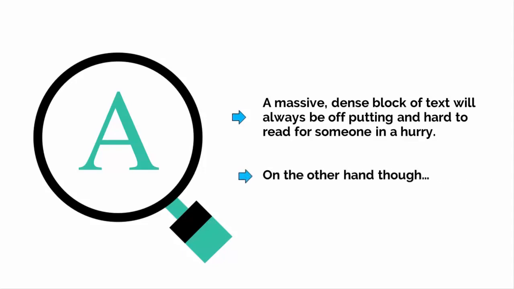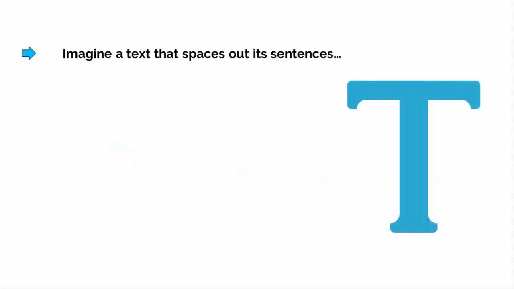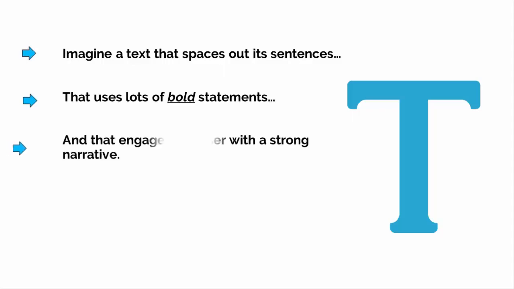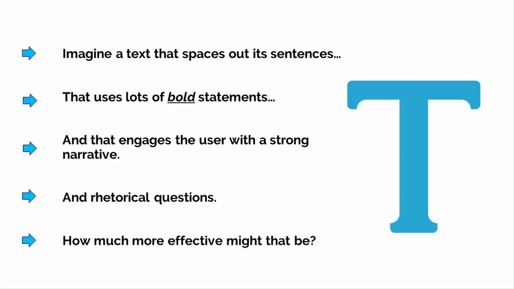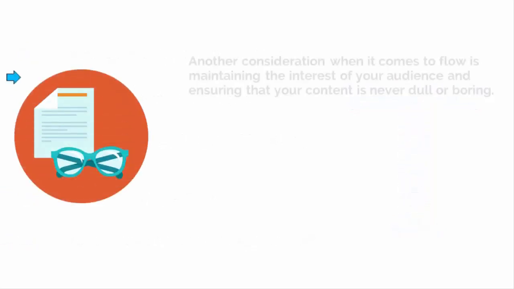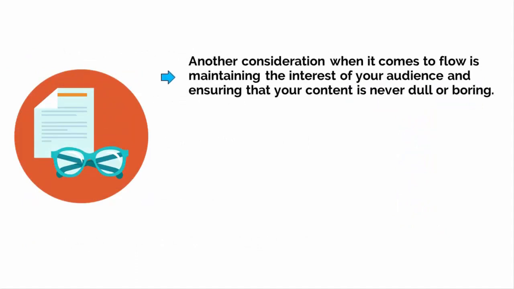On the other hand, though, imagine a text that spaces out its sentences, that uses a lot of bold statements, and that engages the user with a strong narrative and rhetorical questions. How much more effective might that be? See the difference? Another consideration when it comes to flow is maintaining the interest of your audience and ensuring that your content is never dull or boring.